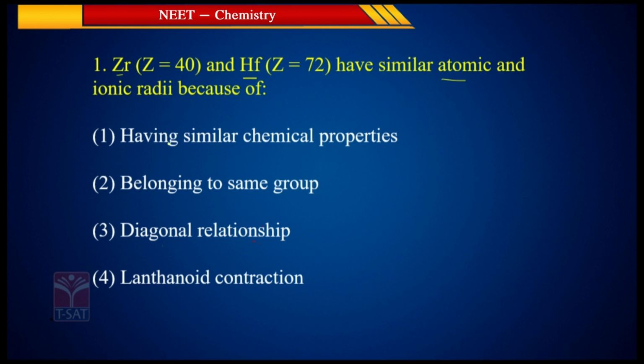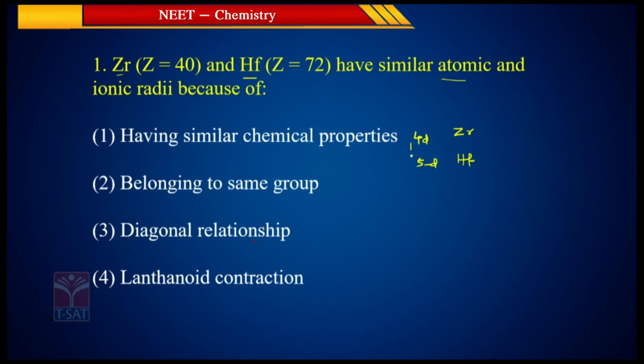Option 1 is having similar chemical properties, option 2 is belonging to the same group, option 3 is diagonal relationship, option 4 is lanthanide contraction. See, zirconium is a 4d series element, hafnium is a 5d series element.